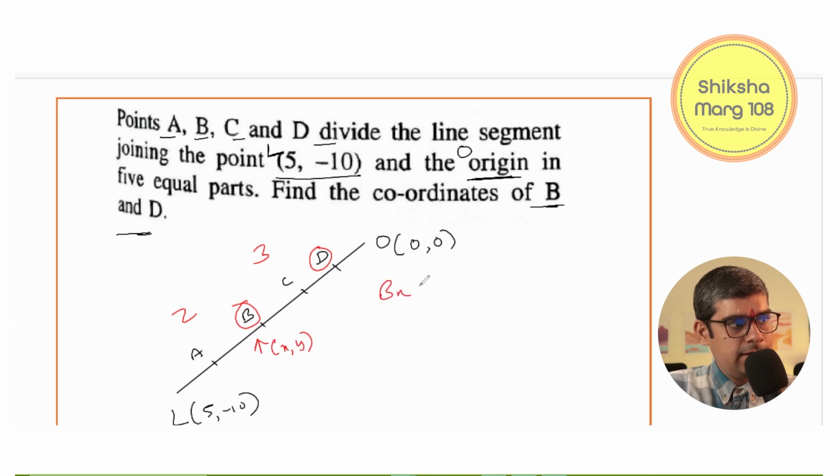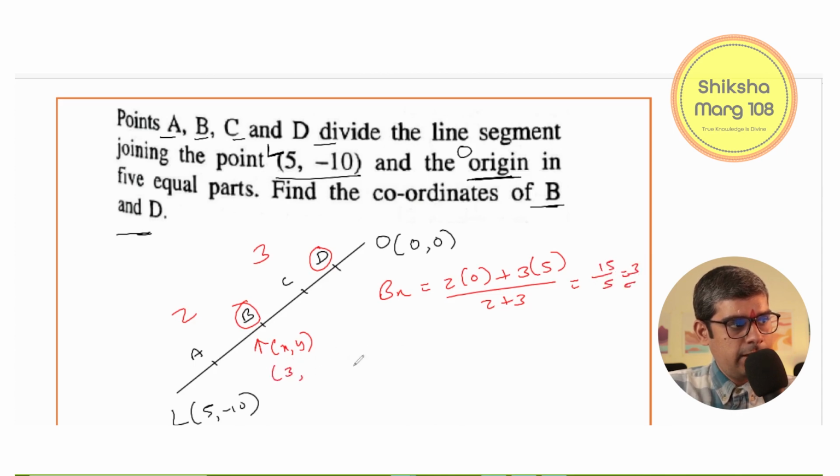Let's get the value of the x coordinate of point B. That's going to be 2 times 0, the x coordinate of the origin, plus 3 times 5, the x coordinate of point L, the whole upon 2 plus 3. That's going to be 0 plus, this is 3 times 5, which is 15. So 15 over 5, 2 plus 3, 5, that's 3. So we got the x coordinate of B, which is 3.